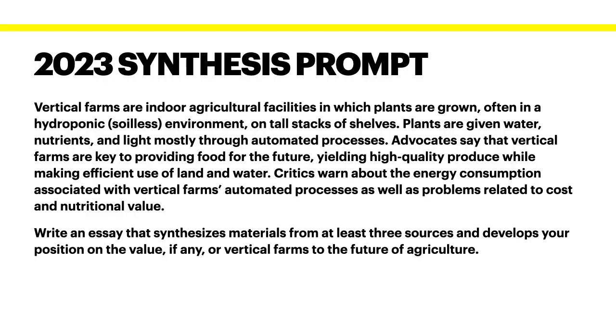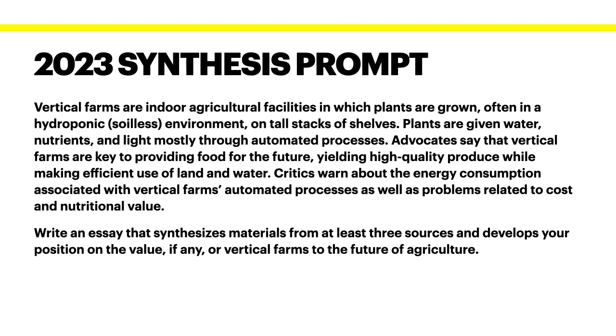So this was the 2023 synthesis prompt, and since it's fairly short, I'll go ahead and read it. Vertical farms are indoor agricultural facilities in which plants are grown, often in a hydroponic, soilless environment on tall stacks of shelves. Plants are given water, nutrients, and light, mostly through automated processes.